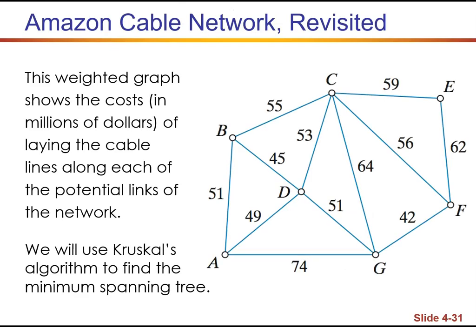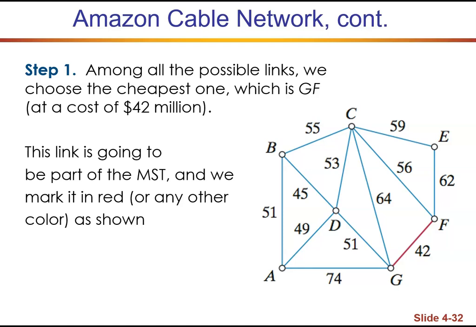So if we go back to our Amazon cable network, we're going to use this algorithm to find the minimum spanning tree. What we would do is list out all of the different amounts in order from smallest to largest. Looking here, we would start with 42 and go all the way down until we get to 74.